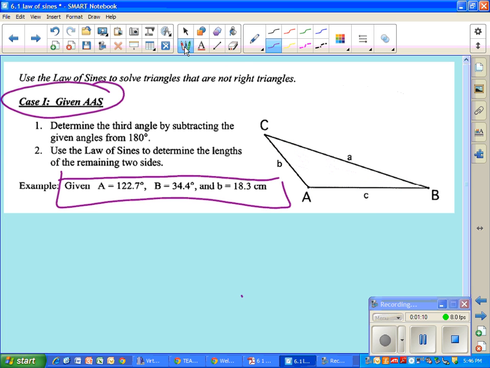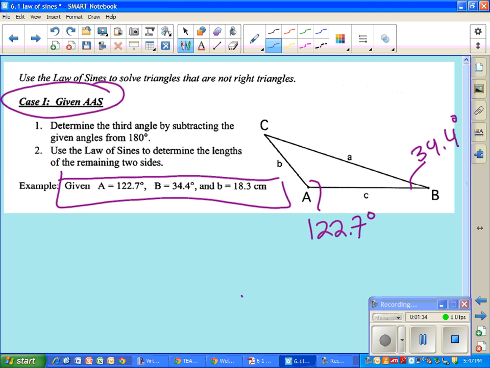So it says given angle A is 122.7 degrees. Angle B is 34.4.